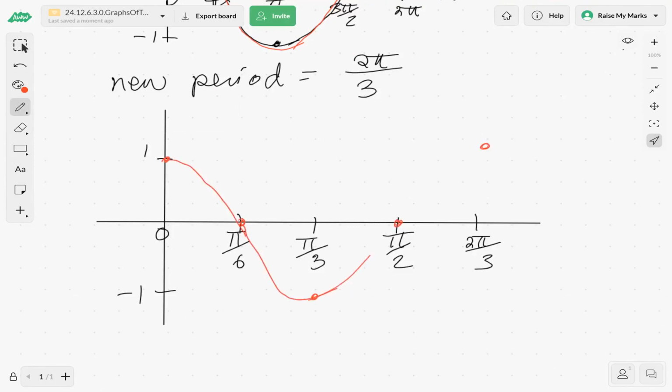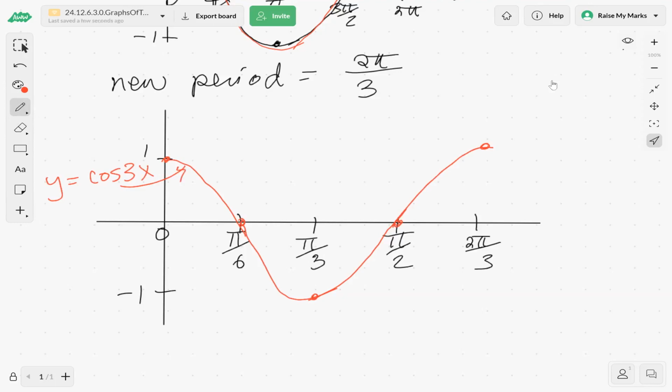Okay, the new compressed cosine curve. So this red curve is y equals cosine 3x. Next we're going to apply the translation to the right pi over 4 units.